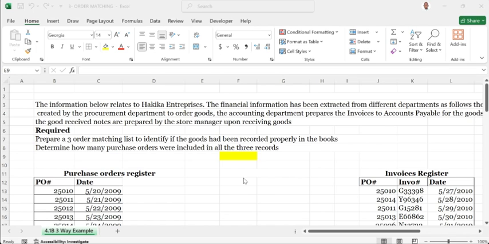When you talk about three-way order matching, what do we really mean?